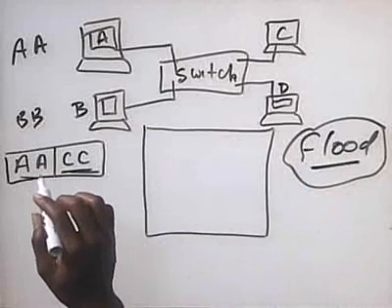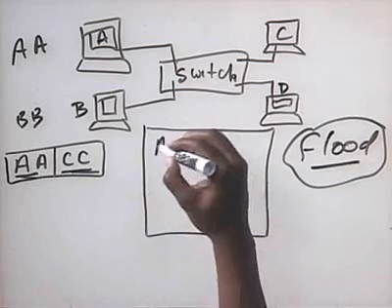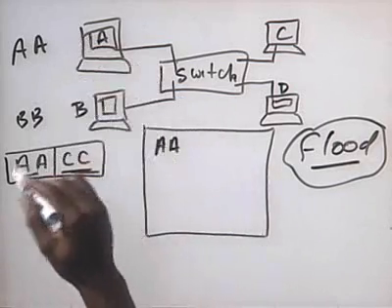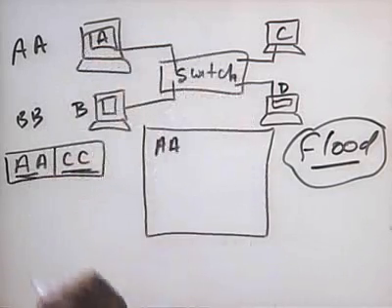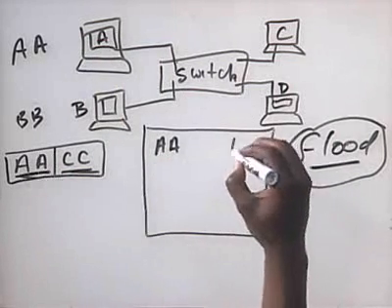In addition to this, the switch learns the MAC address of the source device from the source address field here, associating that address with the port that it came in on.